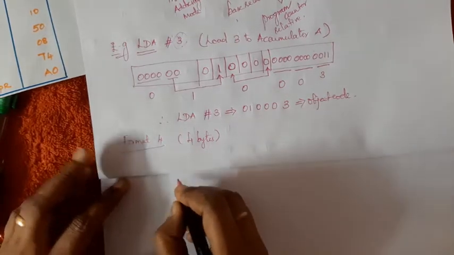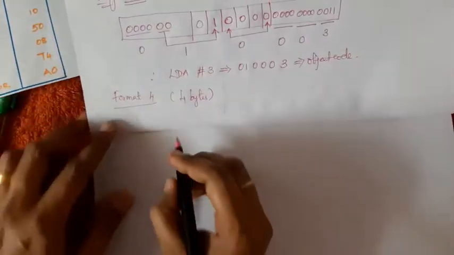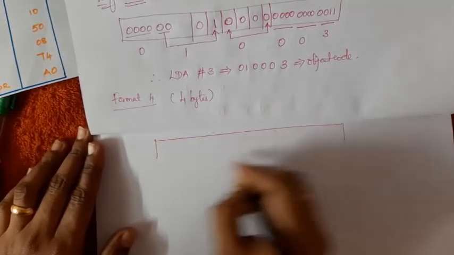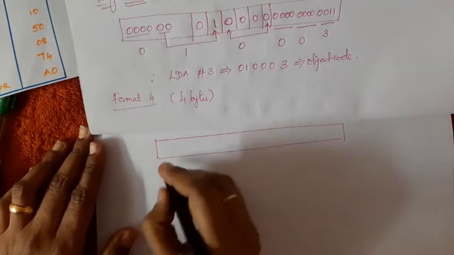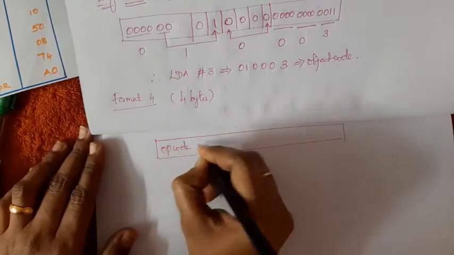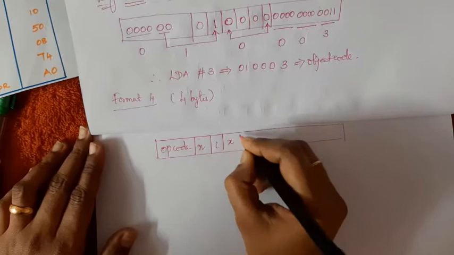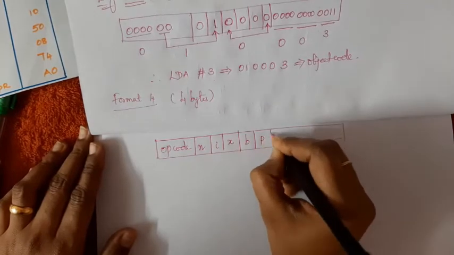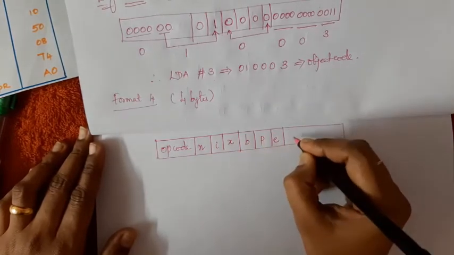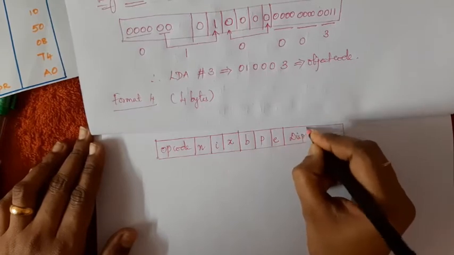Okay, so how do we draw the format for this? Draw like, okay, opcode, again N, I, X, B, P, E, and next is the displacement address.